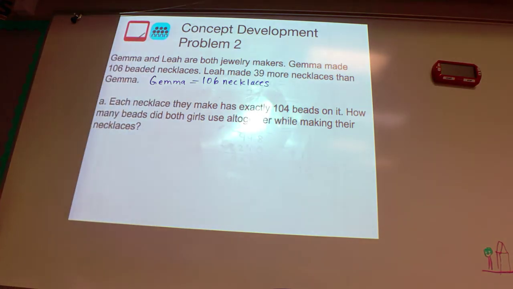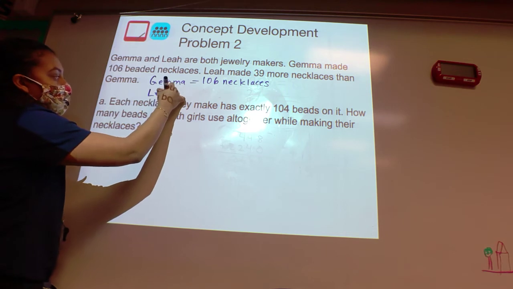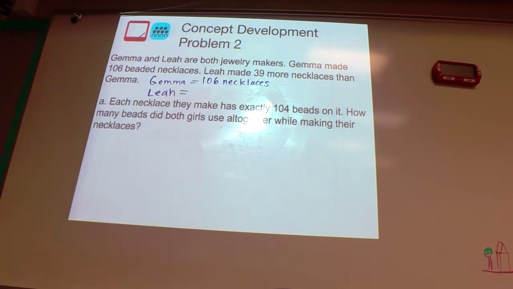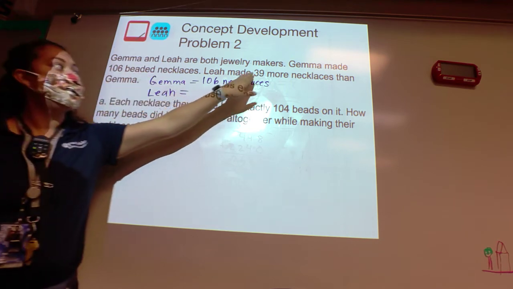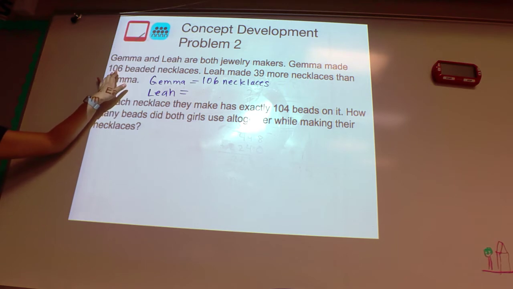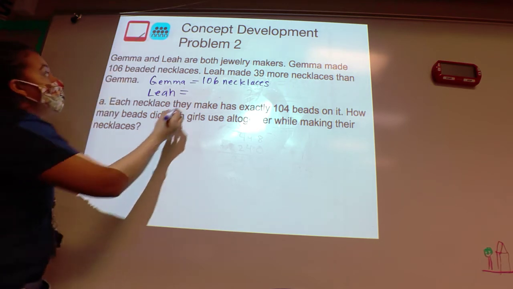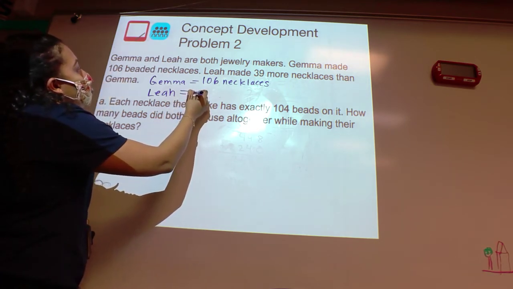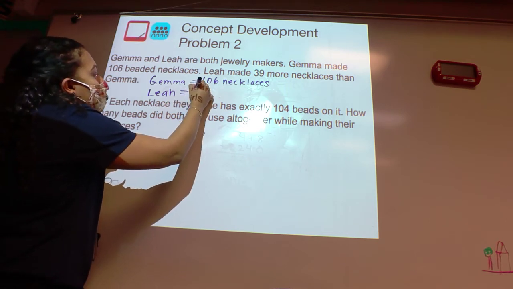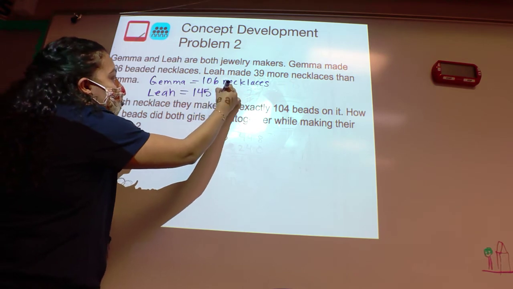Leah made more than Gemma, right? So how would you figure out how many Leah made? You add 39 more to 106. 145. I wonder how long it took to make all these. So 145 necklaces.